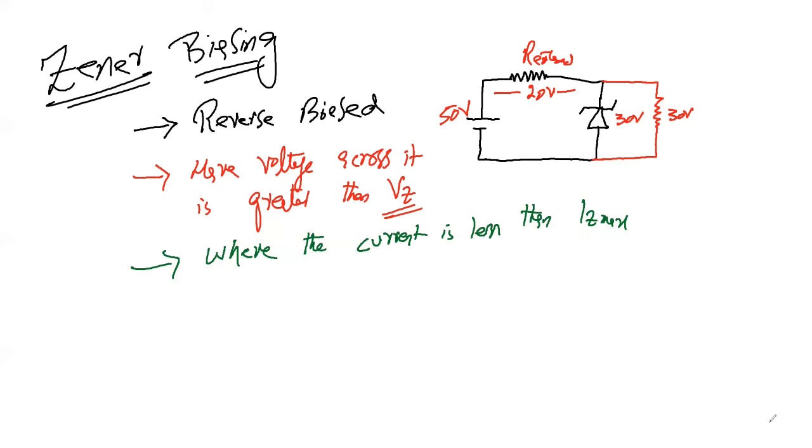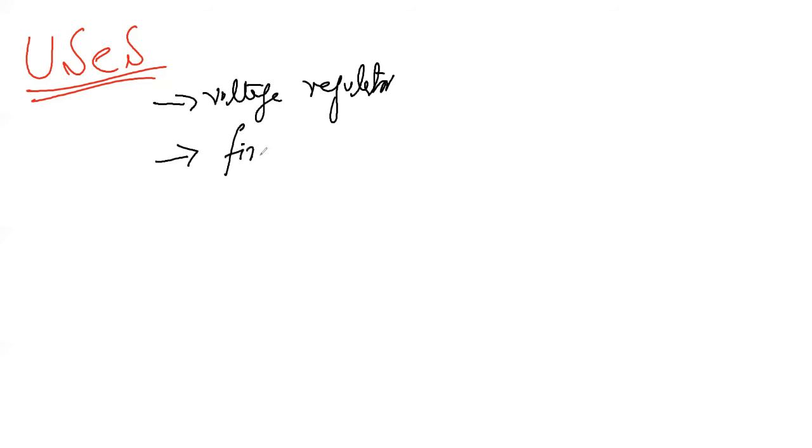Okay, now let's discuss its uses. You can use the Zener diode as a voltage regulator. You can use it as a reference voltage, a fixed reference voltage. If you want a reference voltage, then you should use a Zener diode.